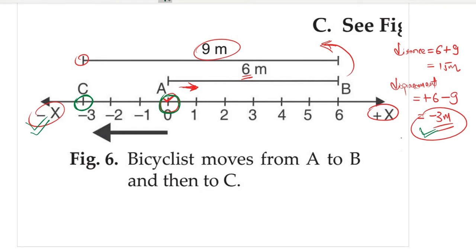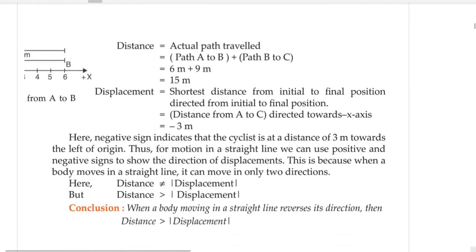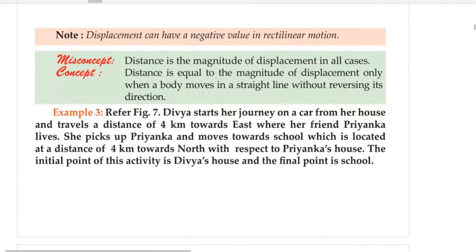So distance and displacement are equal only when the body travels in a straight line without reversing its direction. But when the body reverses its direction, displacement can never be equal to distance. It will always be smaller than distance. In this case, it is smaller than distance, right? So I hope this example is clear. Let's go to the next.